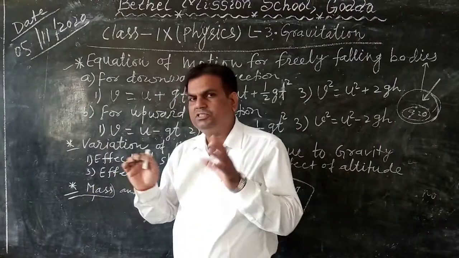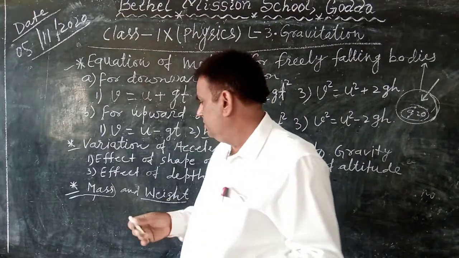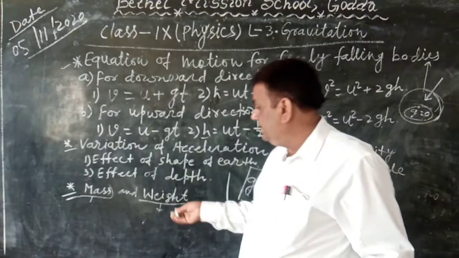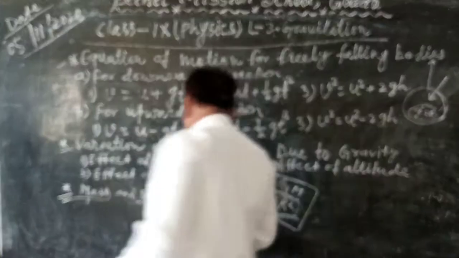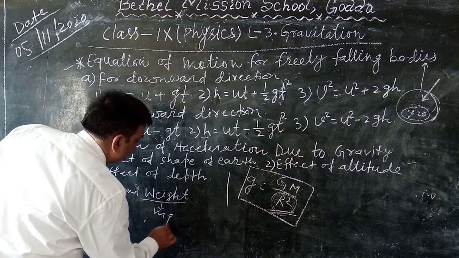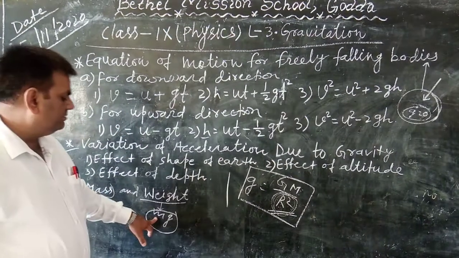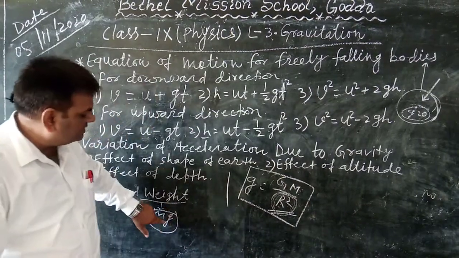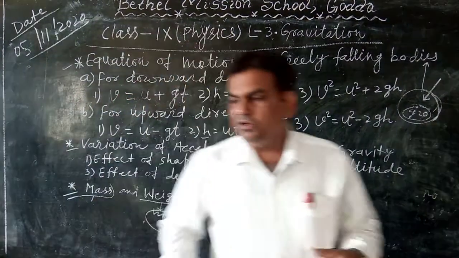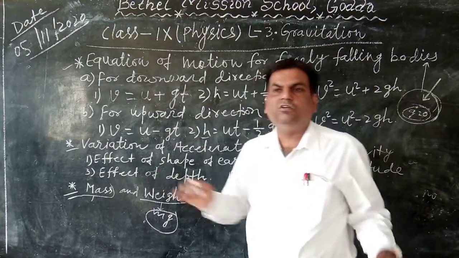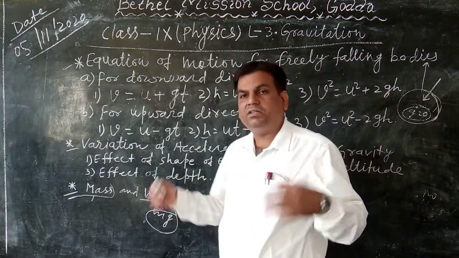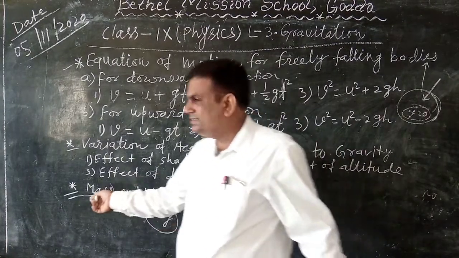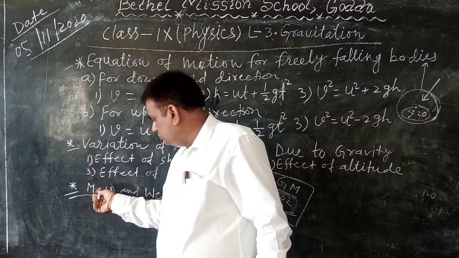Mass is a constant quantity whereas weight is a variable quantity, because weight equal to mg, where m is mass and g is acceleration due to gravity. So the acceleration due to gravity is not the same for all over the universe. It is different for different places. That's why weight is different, but mass is constant.